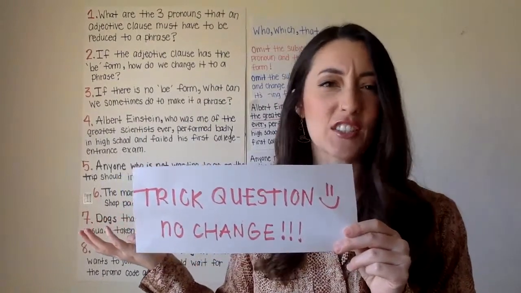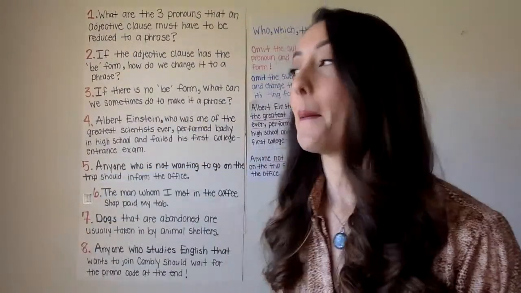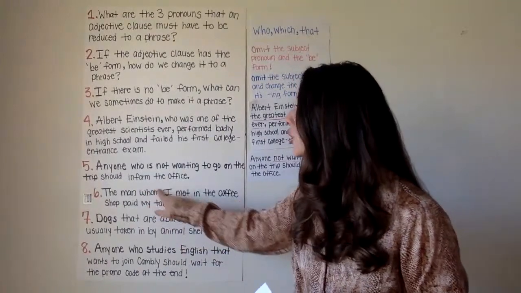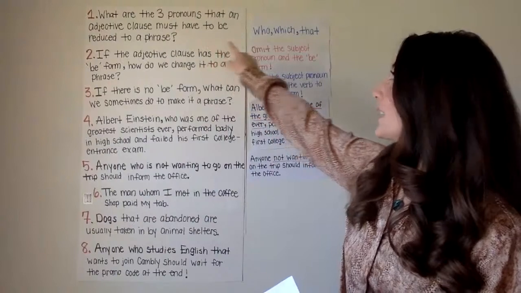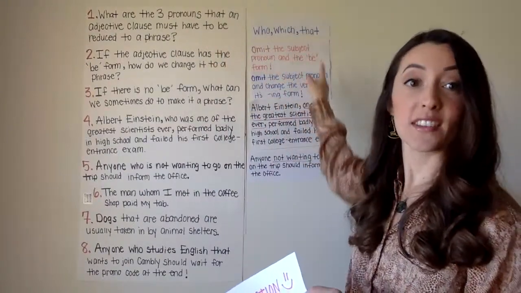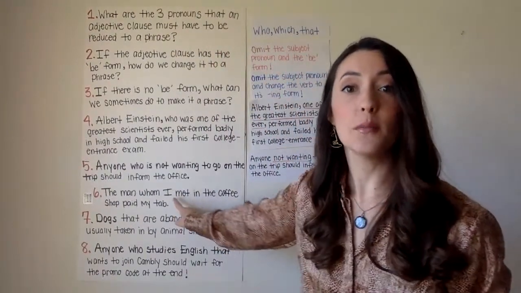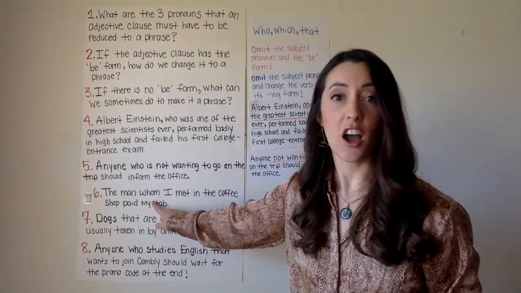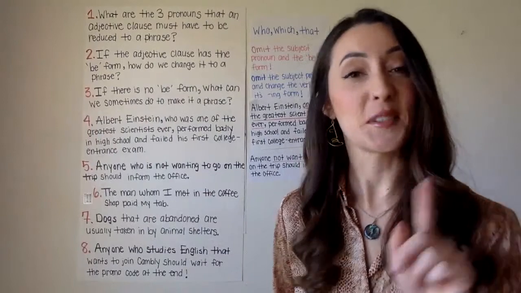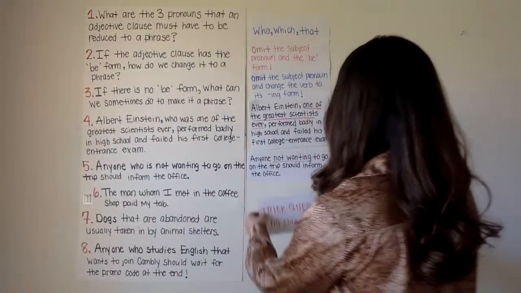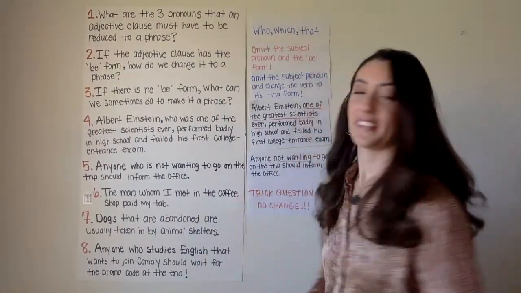Why can we not change it to an adjective phrase? Because the pronoun is whom. Remember, our 3 pronouns have to be who, which, or that. If we see whom in the adjective clause, we can't make it an adjective phrase. It stays the same. You guys passed the trick question. Great job. Good job. 2 more.